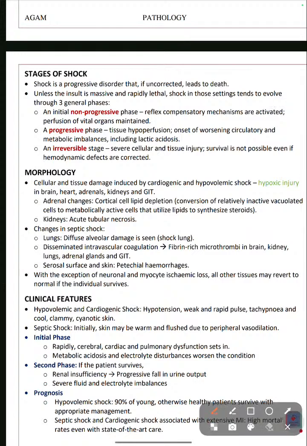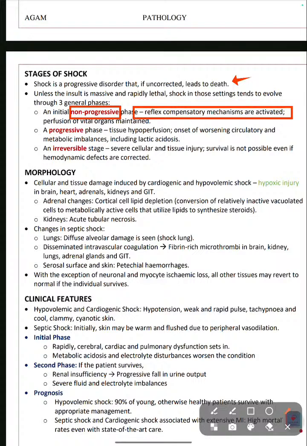Let's talk about stages of shock. Shock is a progressive disorder that, if uncorrected, leads to death. Unless the insult is massive and rapidly lethal, shock tends to evolve through three general phases.